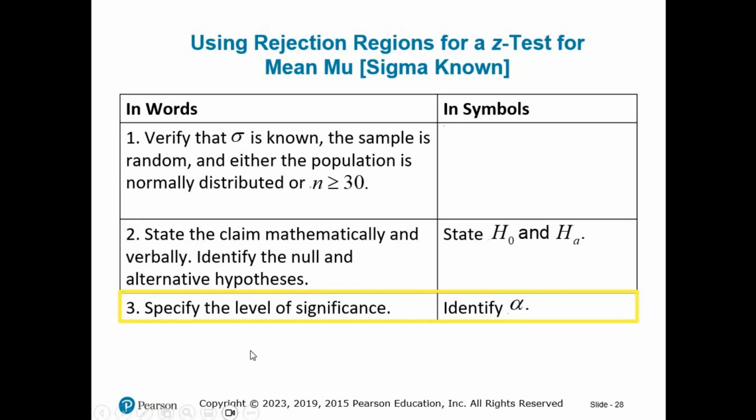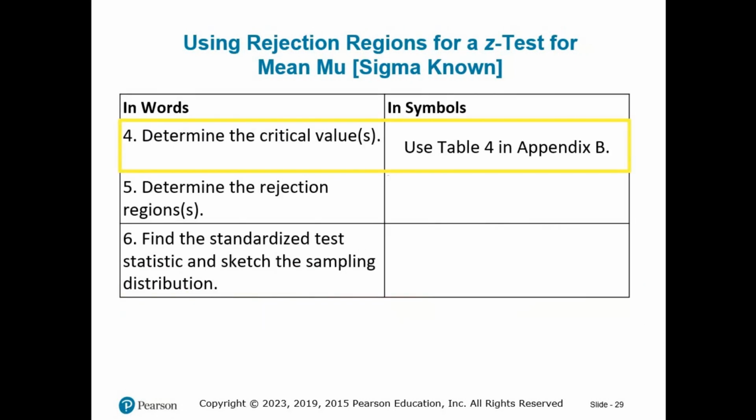Next, specify the level of significance, identify our alpha, and we need to have that in decimal form. After that, we need to find our Z0 values, our critical values. We can use the table or our calculator for this. Remember, we're using the significance level alpha as the area, and we're working backward. And you can use inverse norm function for this as well.